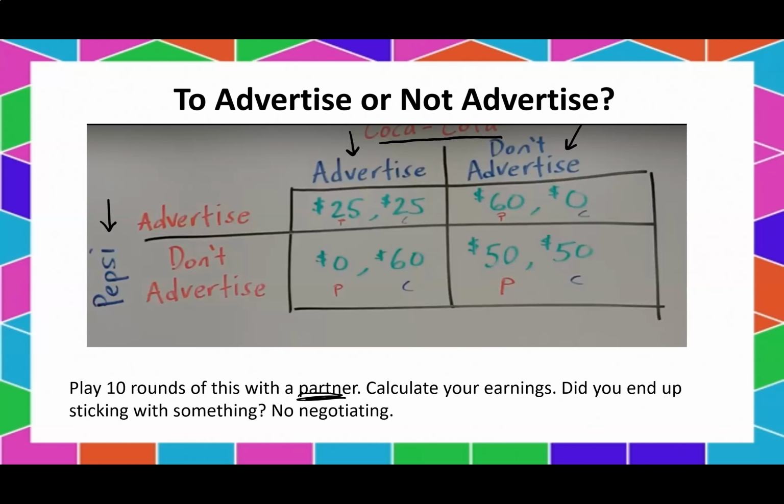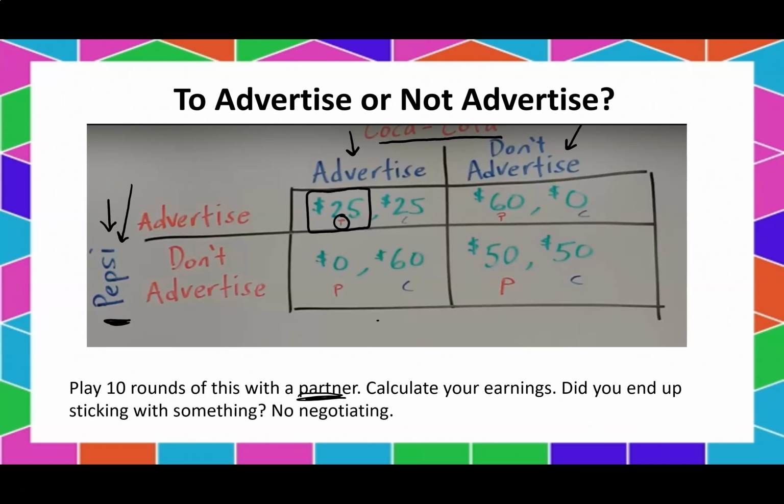Well, if you both chose to advertise, this $25, it's probably represented in thousands, like 25,000, but let's just say $25 for now. So if they advertise, Pepsi would have made, see the P under here? This number here, 25 that I boxed, always has to do with the first column, this thing on the left here.